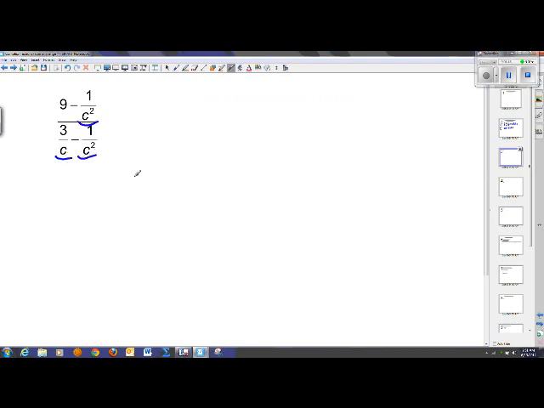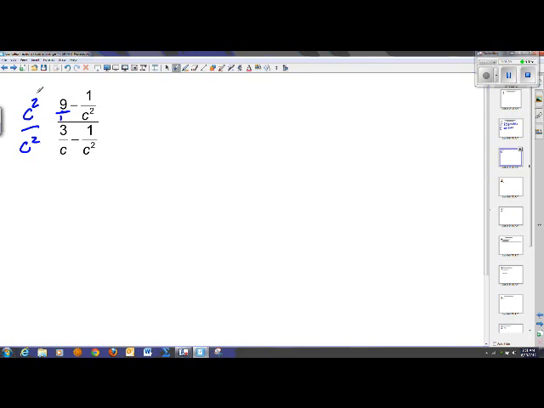All right, I have to find a common denominator of c squared, c, and c squared. Once again, we have a situation where in this numerator, we have a denominator of 1 under the 9. So my common denominator, we know this from algebra 2, is c squared over c squared.